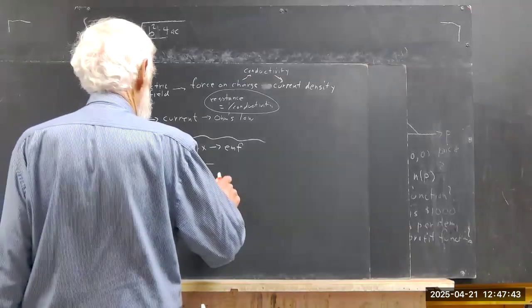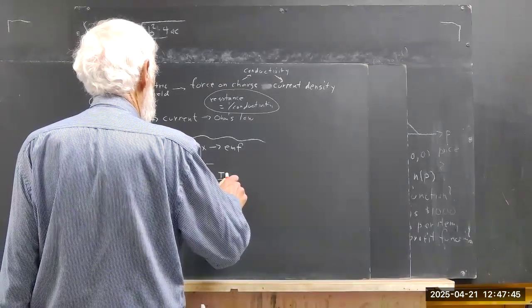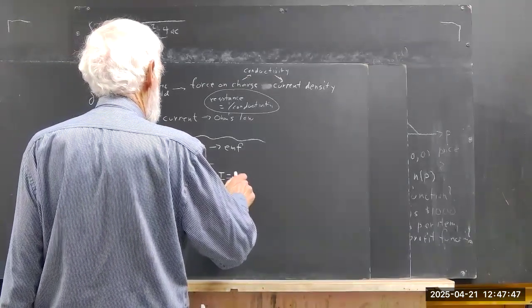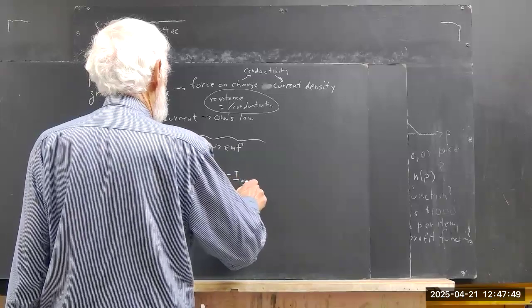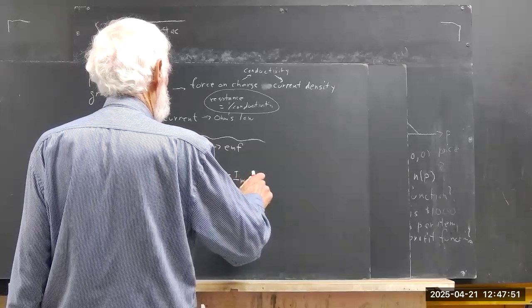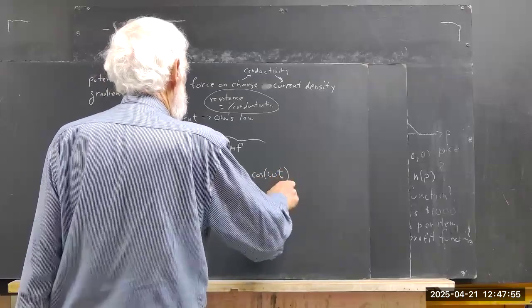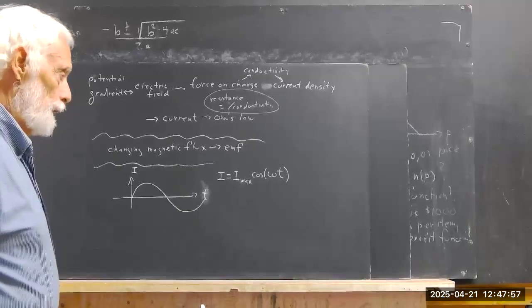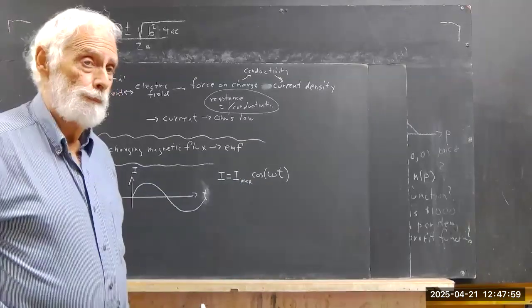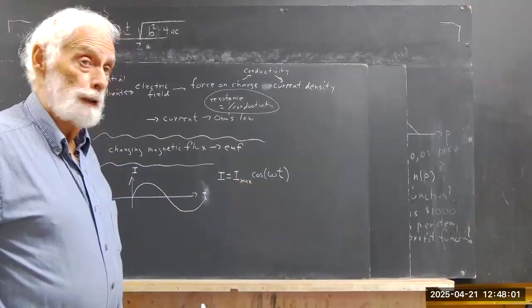So let's say your current is maximum current times the cosine of omega t. Now, what's omega?